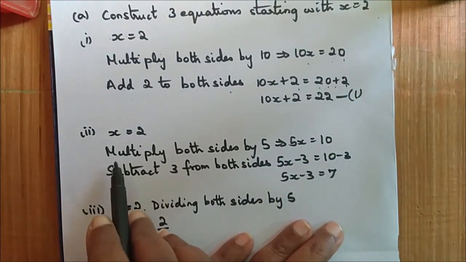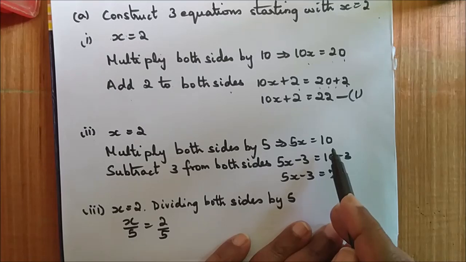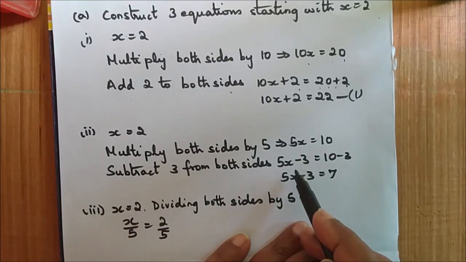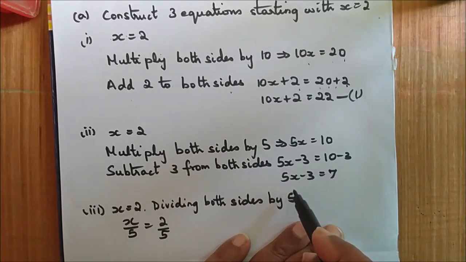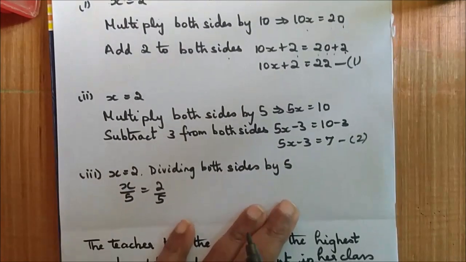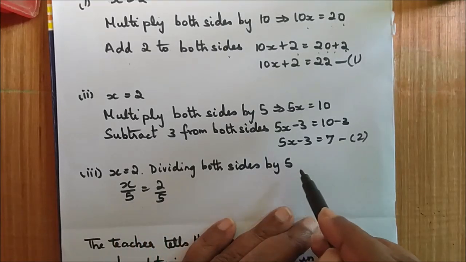Similarly, we have to construct two more equations. What we can do is multiply both the sides by 5. What do I have? 5x is equal to 10. Subtract 3 from both the sides. 5x minus 3 is equal to 10 minus 3. Therefore, 5x minus 3 is equal to 7. This is another equation. The third one is x equals 2, dividing both the sides by 5.